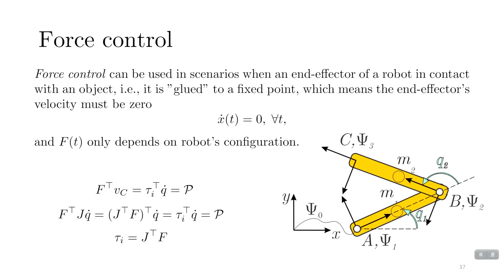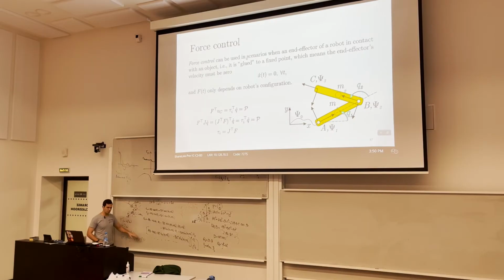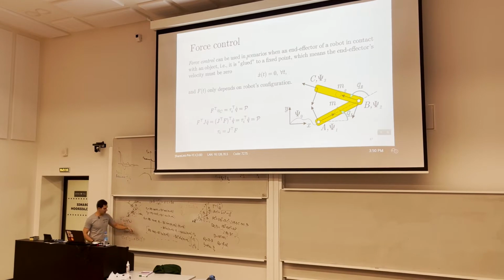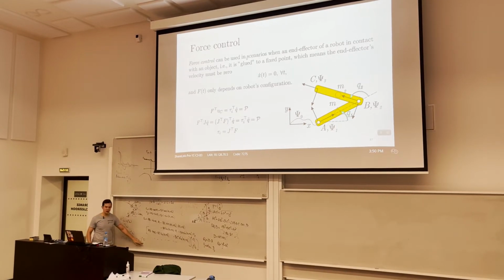Okay? So Jacobian describes the geometry of our system. Force is any function, any force that we want to apply to an object. So we can put here anything. So this is the idea.